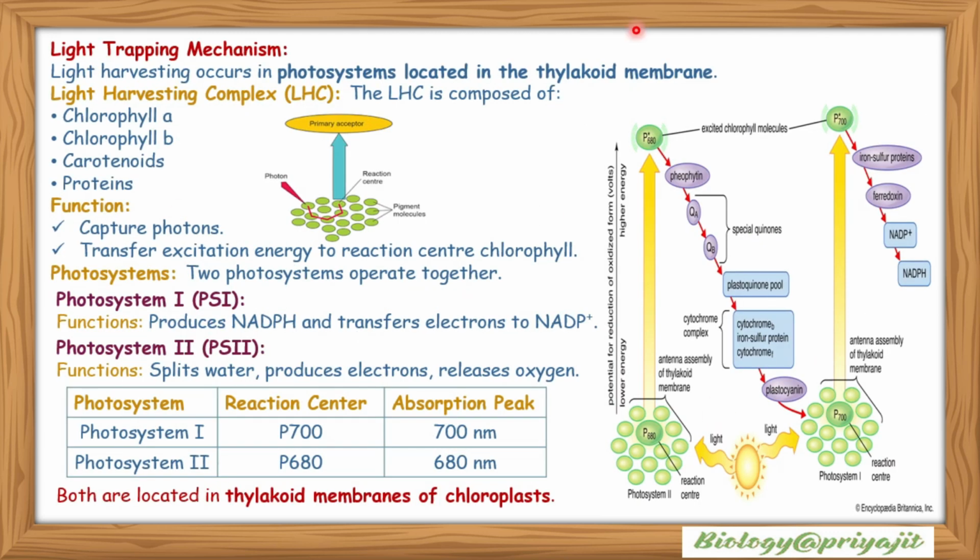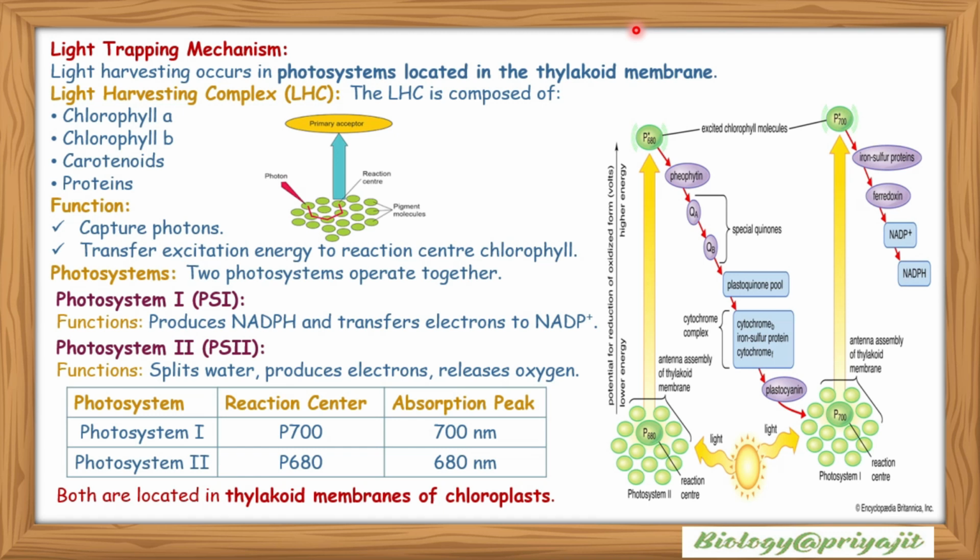Light trapping mechanism. Light harvesting occurs in photosystems located in the thylakoid membrane. The light energy is captured by light harvesting complexes present in the thylakoid membrane. Two major photosystems operate during photosynthesis: photosystem 2 with reaction center P680 and photosystem 1 with reaction center P700.